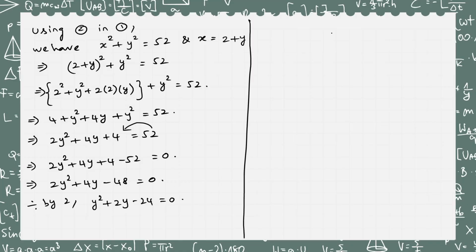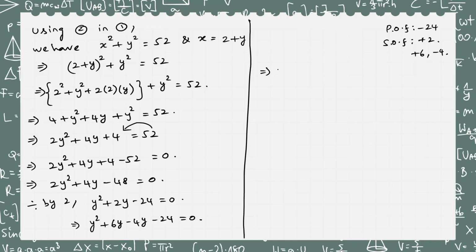So let us do the splitting the middle term process. The product of the factors is minus 24 here and the sum of the factors is plus 2 here. Plus 6 and minus 4 are the expected factors. So let us split the middle term now. y square plus 6y minus 4y minus 24 equal to 0.